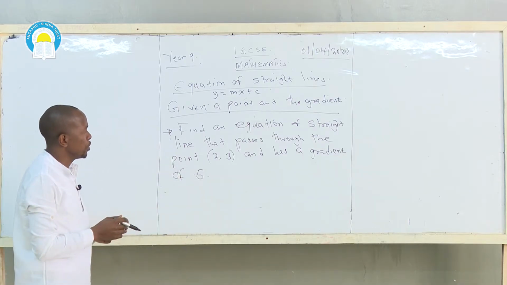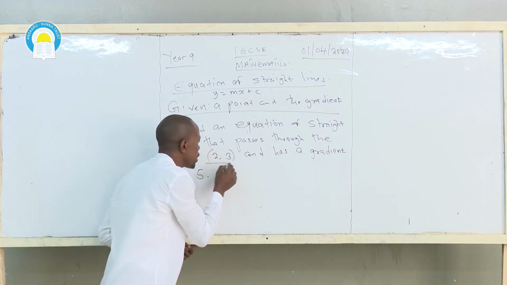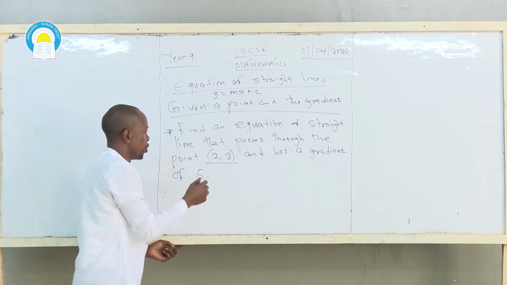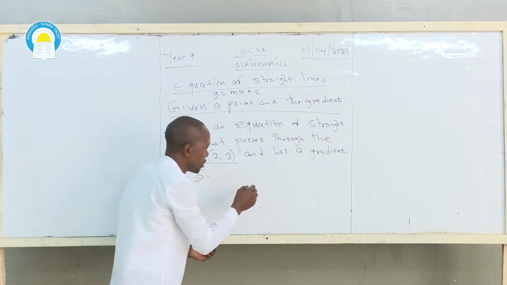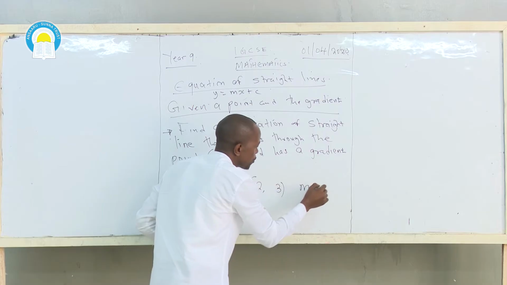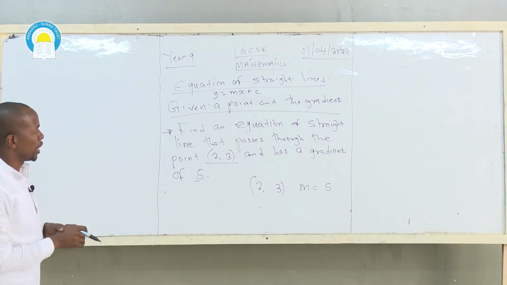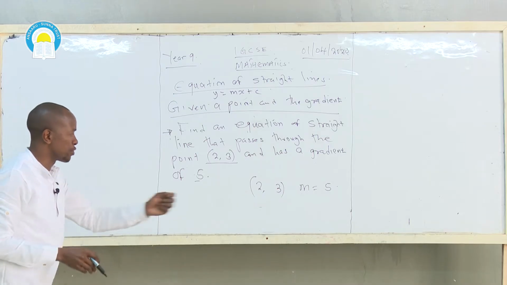In this question, we have the point and we also have the gradient. So the point is 2, 3, and the gradient is 5.